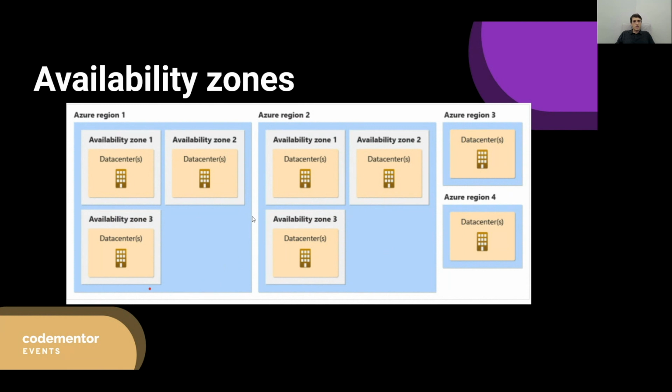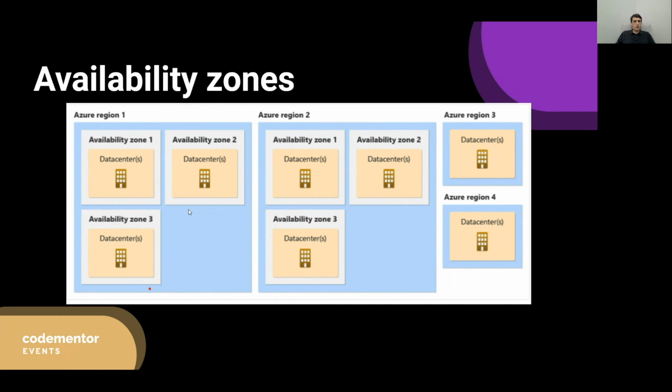And inside one geography, there can be several availability zones. For most regions, there are 3 availability zones. For some of the regions, there are 2, or I believe there are some regions with only 1 availability zone. So availability zone, effectively, it's an isolated data center with independent power, independent internet.